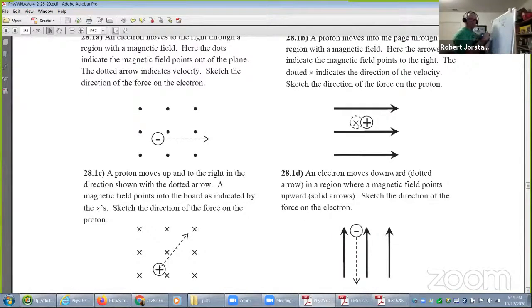Okay, so C looks like this. Proton. All right.